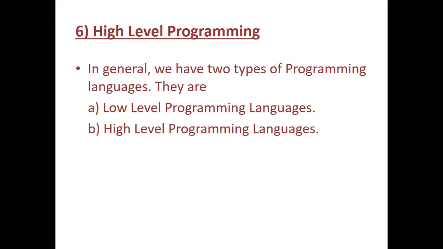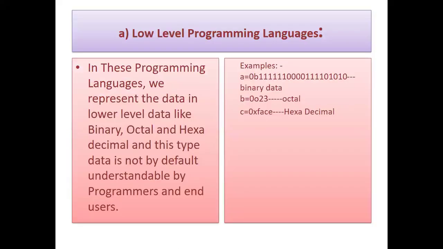Now, what do we understand by low level programming language? Low level programming languages are those which represent the lower level data, like binary, octal, and hexadecimal. And this data is not understandable by the programmer or the end user, right?